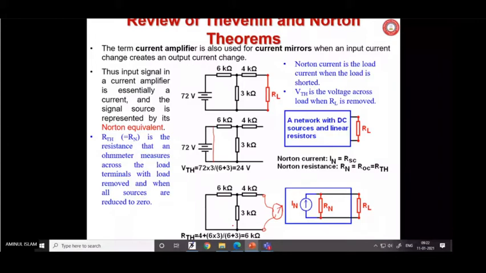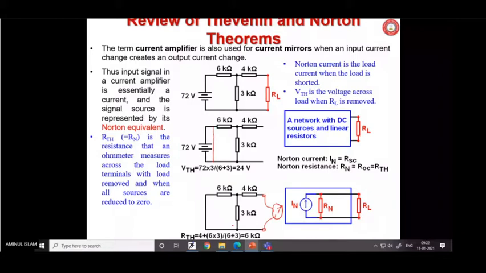But if you mentally calculate, we see that the voltage across this 3 kilo ohm resistance, you have to find out, and it is an easy thing. 72 volt is the voltage of the voltage source, and you can find it in this way, 72 into 3 by 6 plus 3.